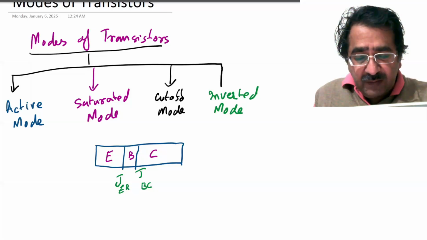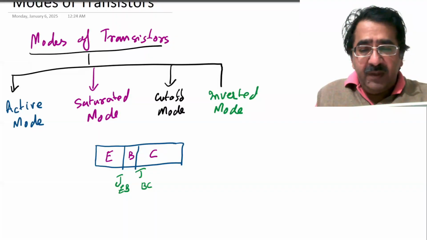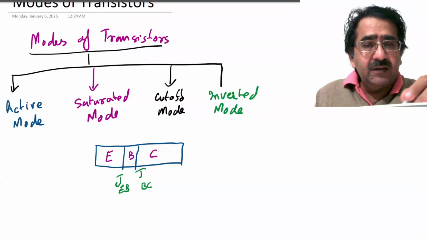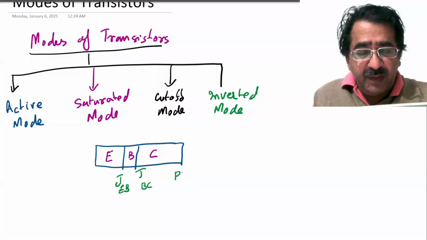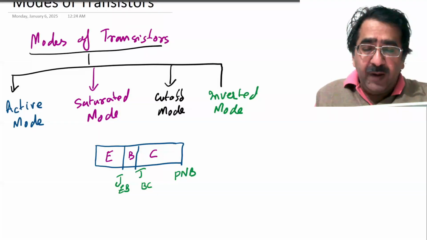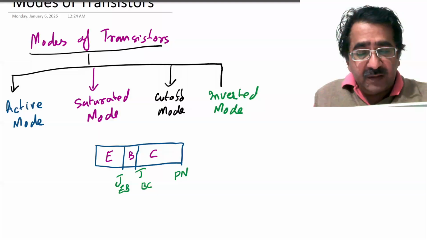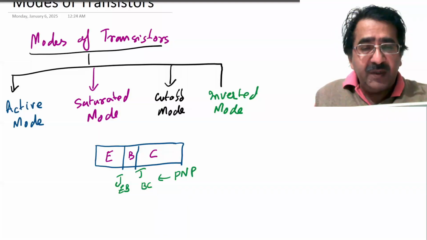Because the first letter shows the higher potential. In a PNP transistor, the emitter will be high as compared to the base, and the collector will be low as compared to the base. So that will be the order for a PNP transistor.